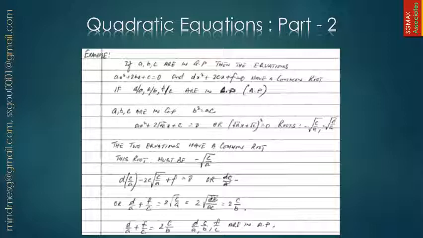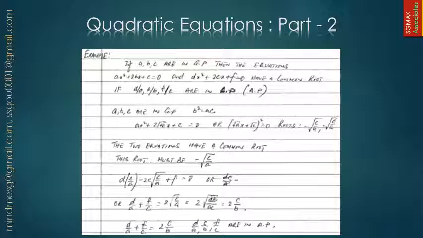These two equations have a common root. So the root must be minus square root of c over a. That satisfies the second equation, dx squared plus 2ex plus f equals 0.